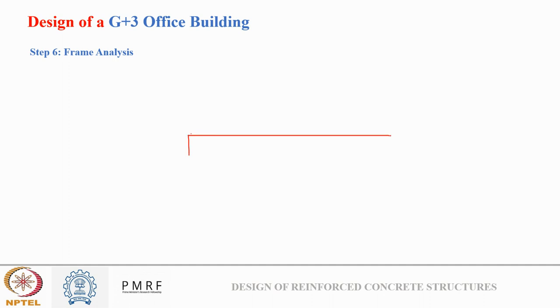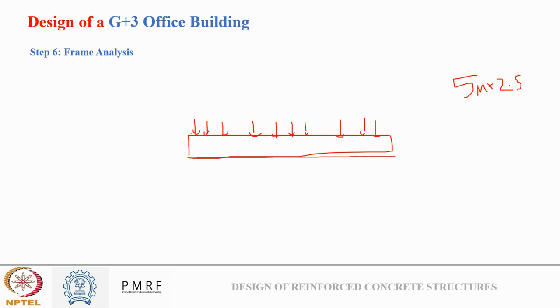I know the UDL I calculated acting on that floor, and I know the dimensions of my slab, which I fixed initially. In our case, it was 5 meters by 2.5 meters. Since the ratio is 2, it is a two-way slab, and knowing the UDL, we can appropriately design the two-way slab.